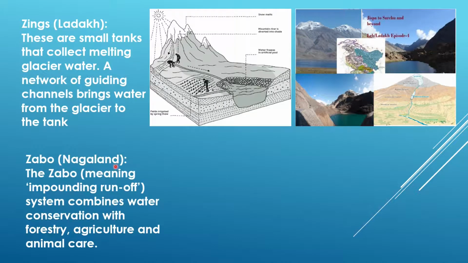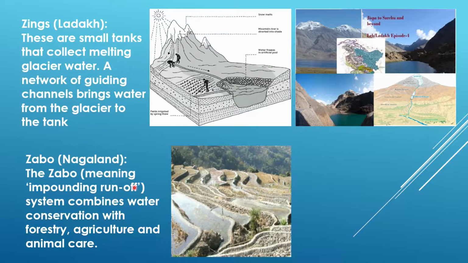Zabo in Nagaland. Zabo means impounding runoff, which is a blocked system. It is actually a type of contour bunding system that combines water conservation with forestry, agriculture, and animal care.